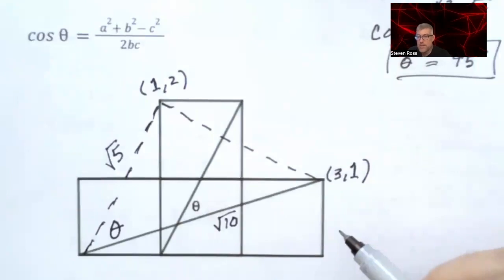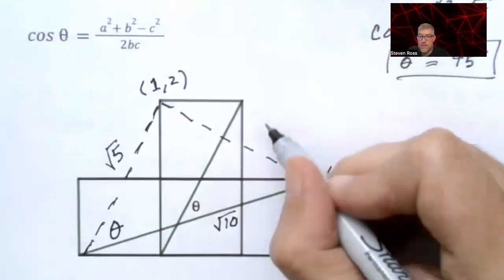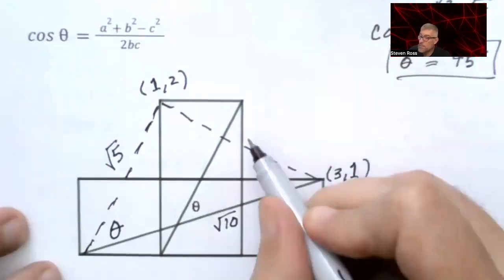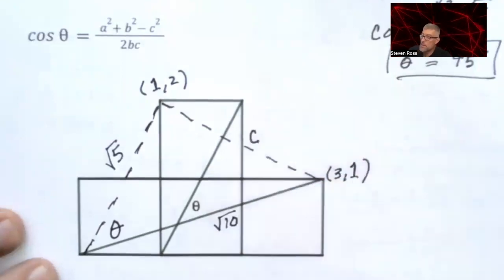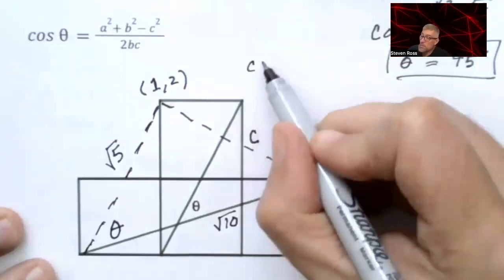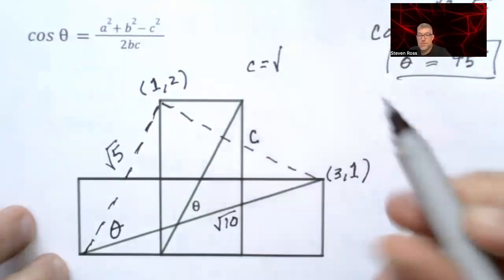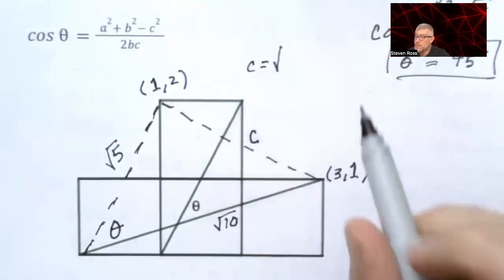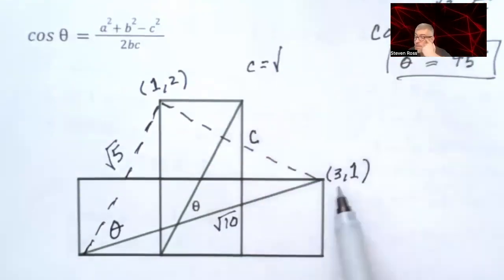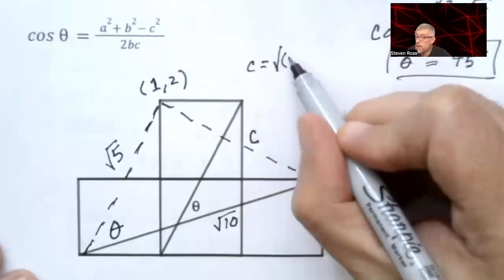And so I can say that this third side, let's call it C. C is equal to, and I can use a little distance formula. Let's see, 3 minus 1, squared.